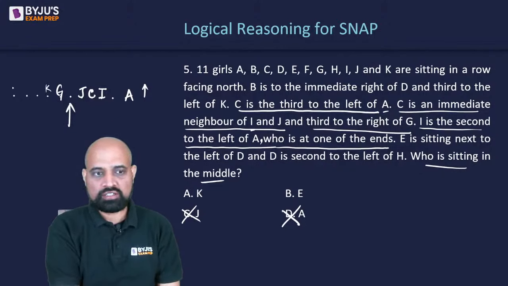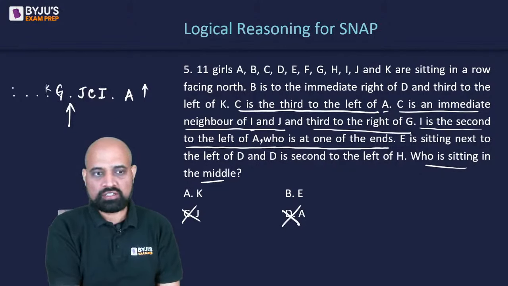So the only position K can go is at the center. So first left, second left, third left, this is where B should be. And then D should be to the left of B, so that B is immediate right of D and this will happen. And E is sitting next to the left of D, this is where E should be. And D second to the left of H, this is where H will be. So just fill this up so that we would know what is happening.